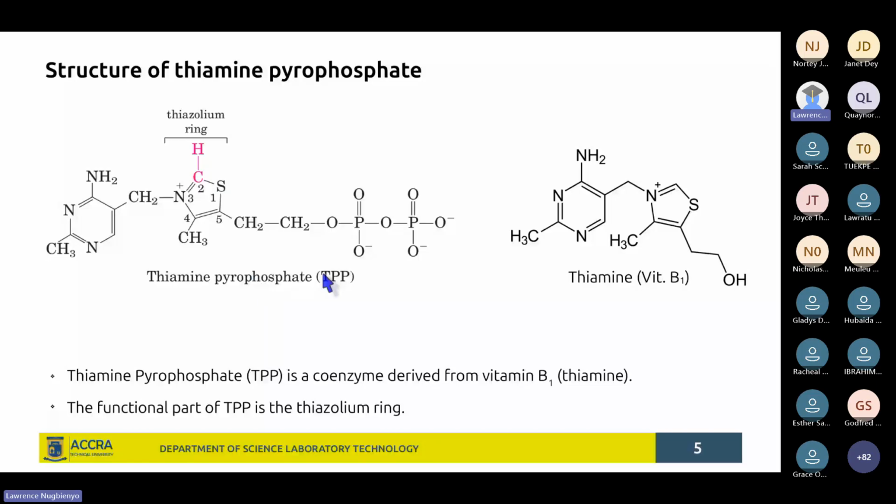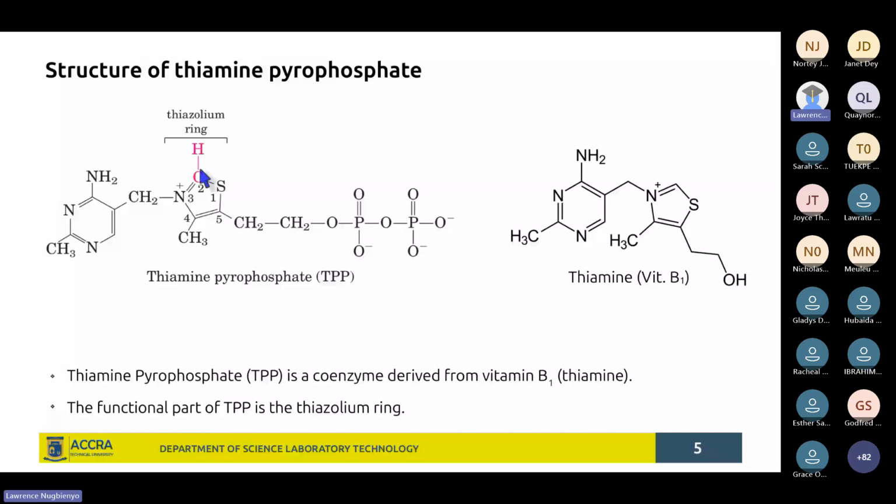Now, the very active portion of this molecule is the thiazolone ring, and the particular portion of the thiazolone ring which will be involved in the catalysis of the chemical reactions is this hydrogen on carbon number 2. So that is why intentionally we've made it red. So you can see that is the reactive portion of the molecule.